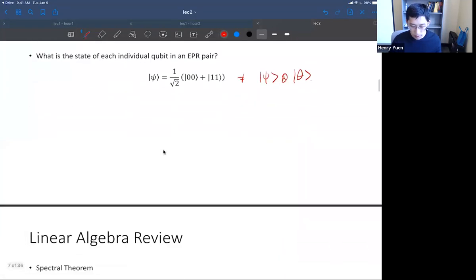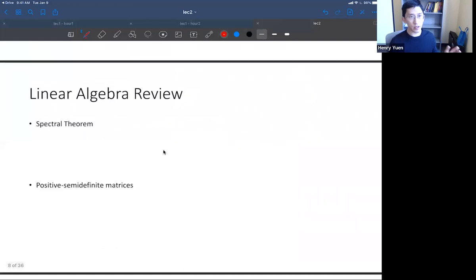Okay, so let's do some quick linear algebra review, just so we have enough to understand what density matrices are. So first, let me say what the spectral theorem is. So this says that, let's say you have a D by D Hermitian matrix. Then you can always diagonalize it.